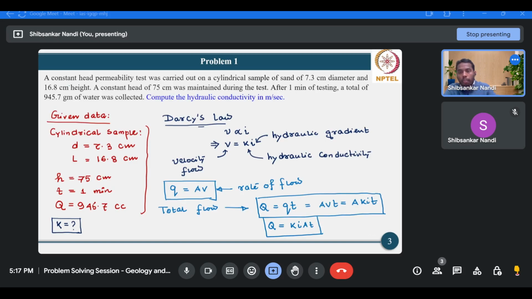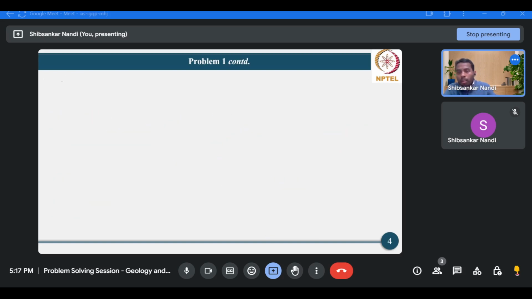So this K we can write as Q upon I A T. Now what is I?